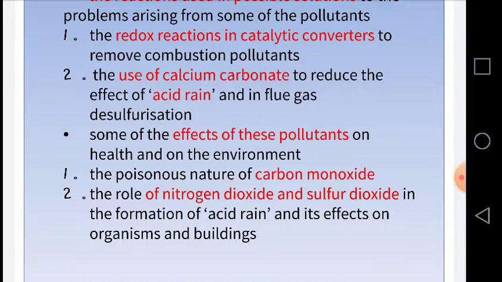After this, we will understand the effects of these pollutants on the health of humans and on the environment of this world.